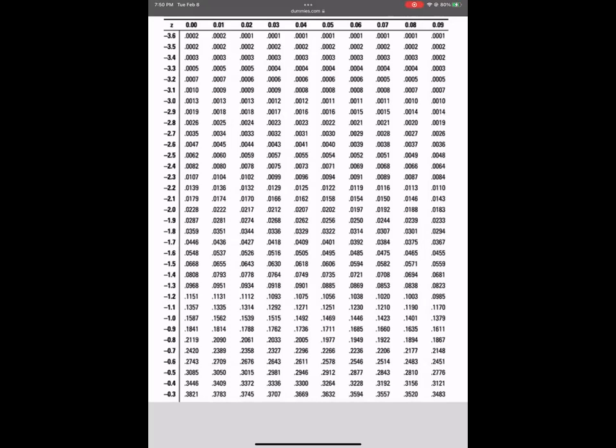So first find the two numbers that are on either side of 0.25. 0.2514 and 0.2483. Yes, they're in the fourth row from the bottom, the second to last and the third to last column. Do you see them? It'll be negative 0.6775 or something.